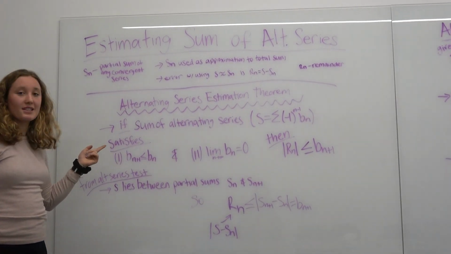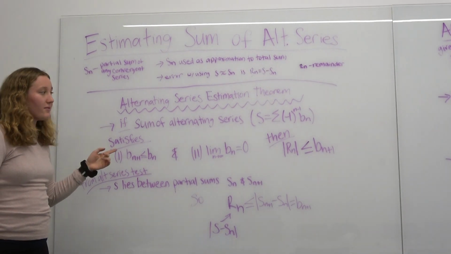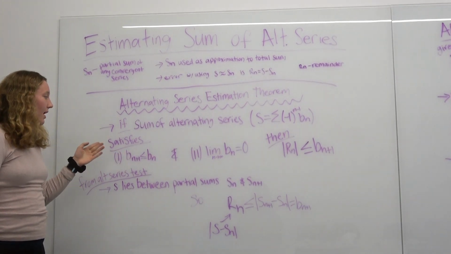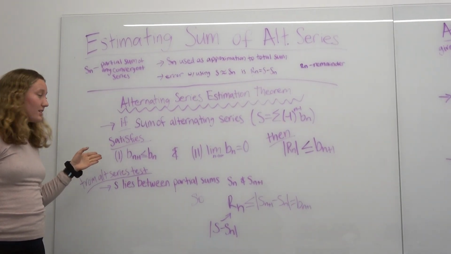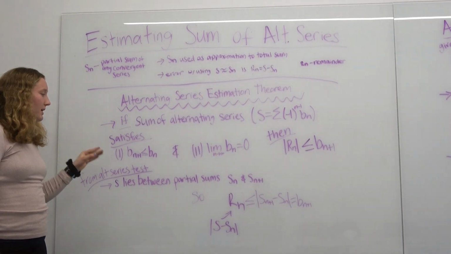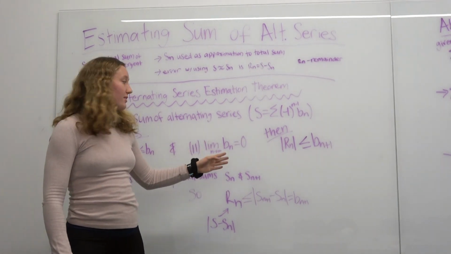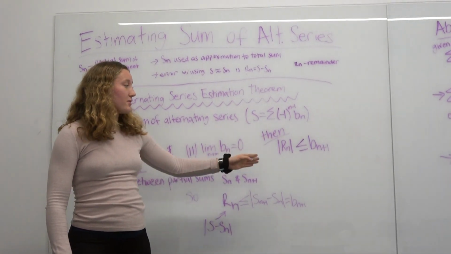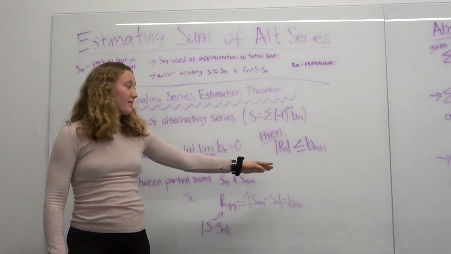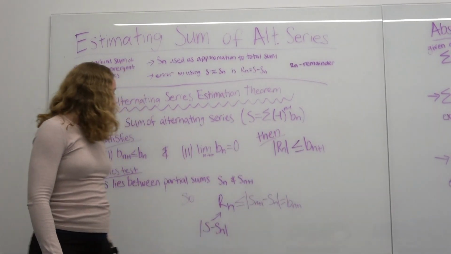Moving on to the alternating series estimation theorem, if the sum of an alternating series satisfies both conditions, that each term is gradually decreasing and the limit of the term is equal to 0, then we're going to say that the absolute value of the remainder is less than or equal to the next term.